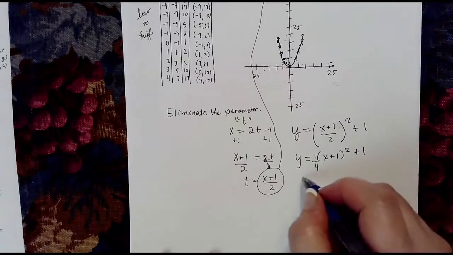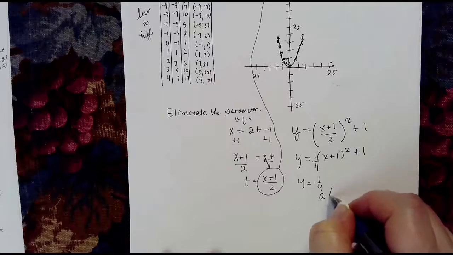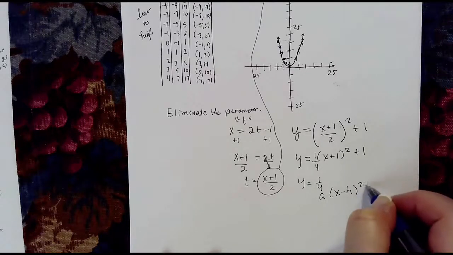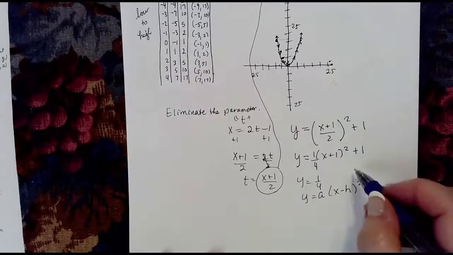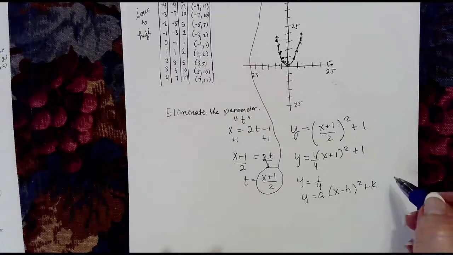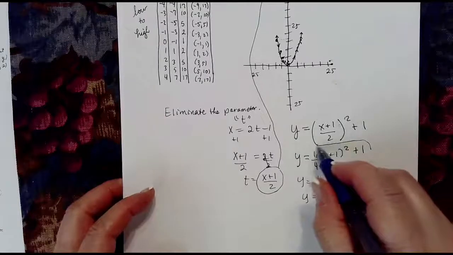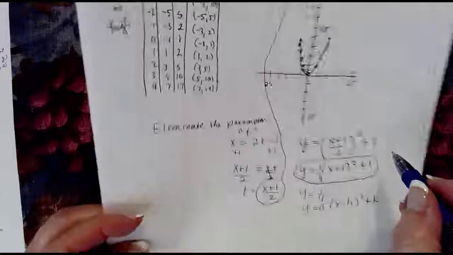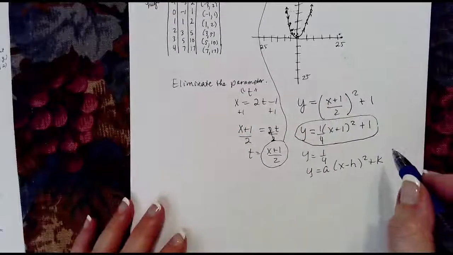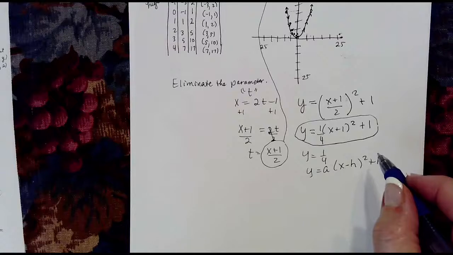The form of the parabola is going to be y equals a(x minus h) squared plus k, where 1/4 is the a. So that's a form of a parabola that you guys probably had in Algebra 2. So that's okay to leave it like this. That would be an equation in rectangular form. Now, you could also FOIL it out and divide by 4 and do all that stuff too. Okay?